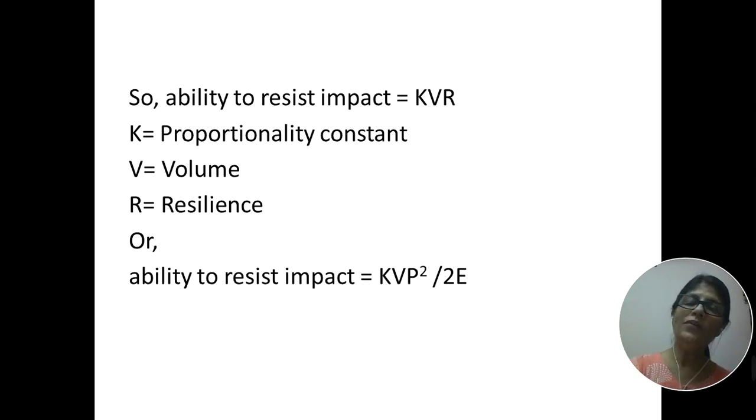The design of the structure is important in relation to its ability to resist impact, so the proportionality constant is very important. Then V is the volume of the object on which the impact is occurring, and R is the resilience of the material. So it is KVR. Now resilience, as you know, is represented by P square upon 2E, so we can redefine it as KV P square upon 2E.